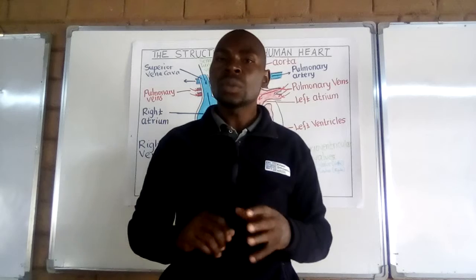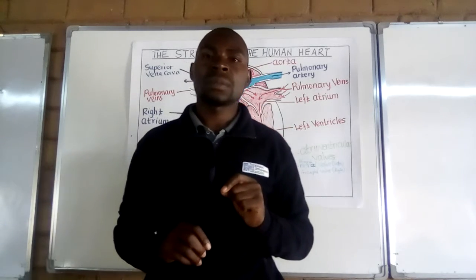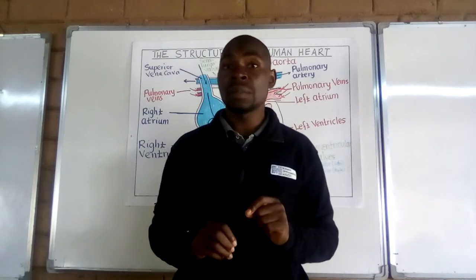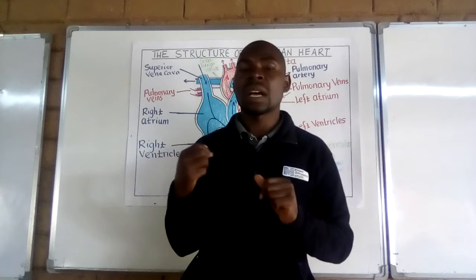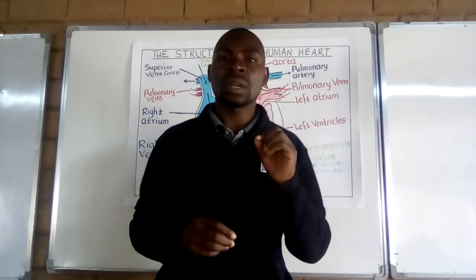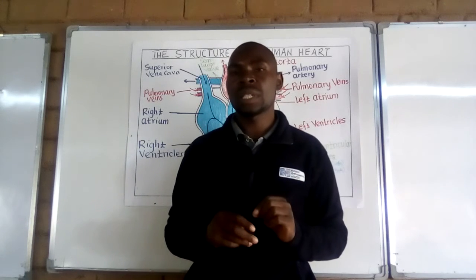Now, in order to do this, different parts of the circulatory system have their own functions, and as you can see behind me, there is this chart talking about the human heart. A human heart is one of the organs that makes up the circulatory system.